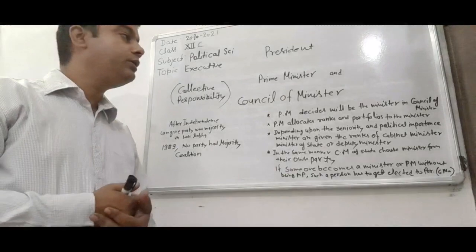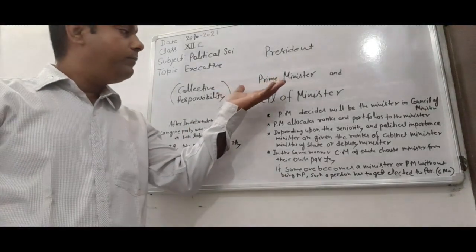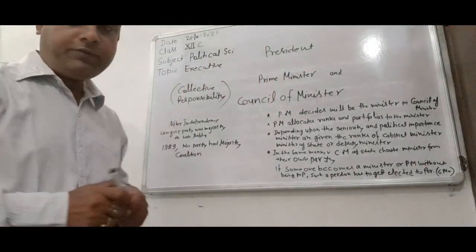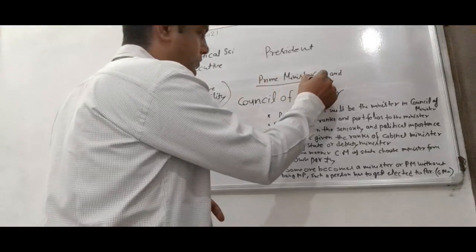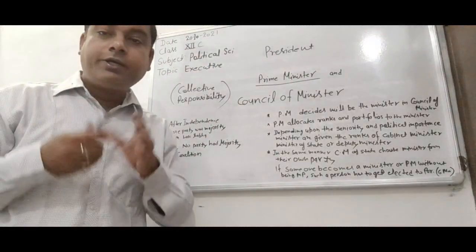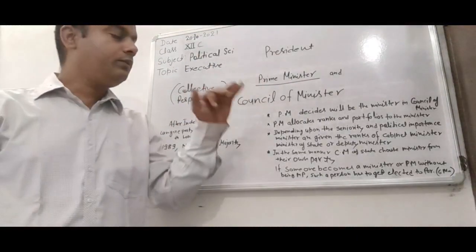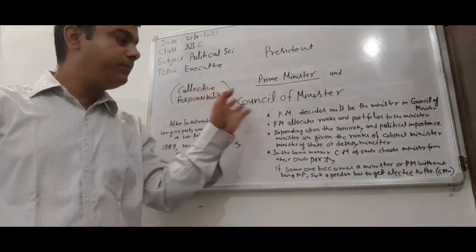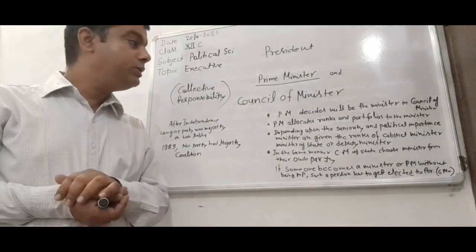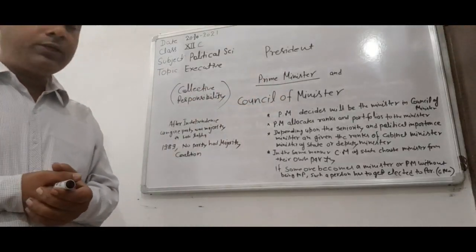Also, do you know the Prime Minister has a very important place in this team. If the Prime Minister gives resignation, it means the whole Council of Ministers is automatically dissolved, because there is no Council of Ministers without a Prime Minister.